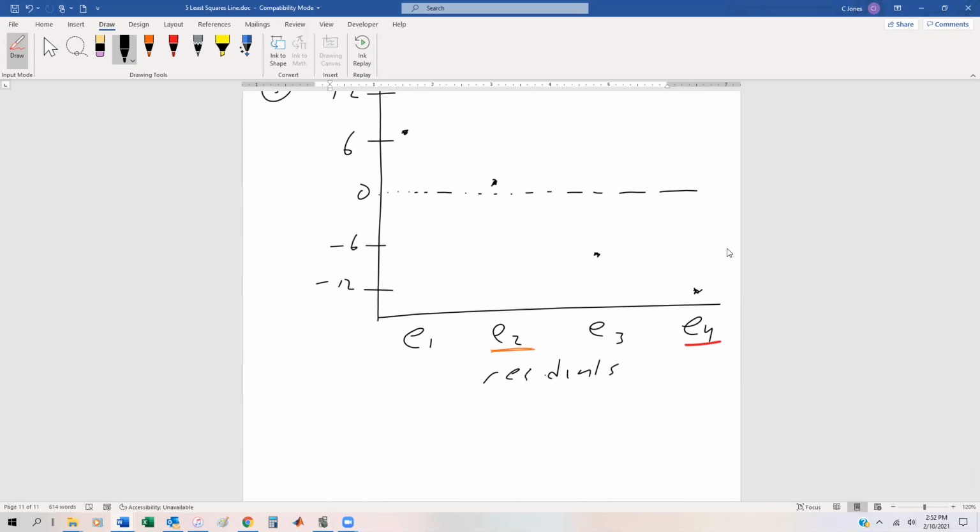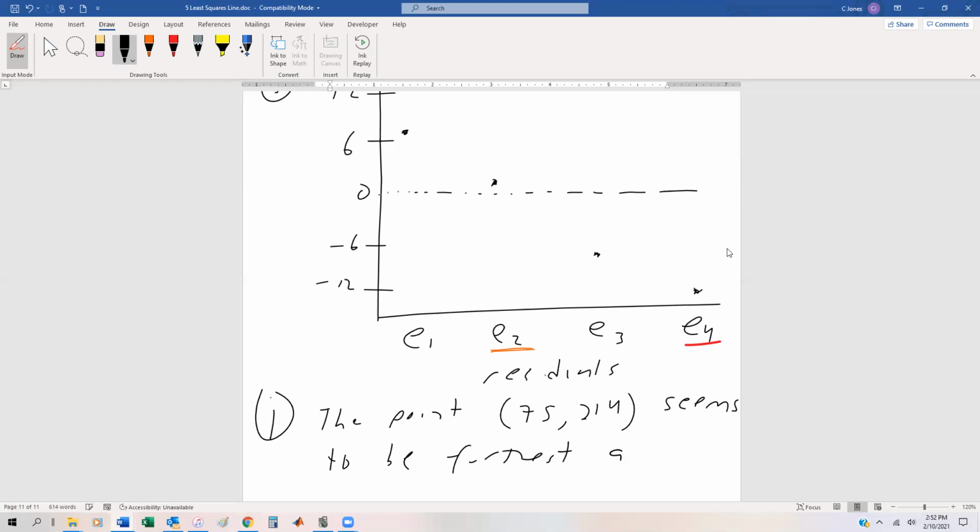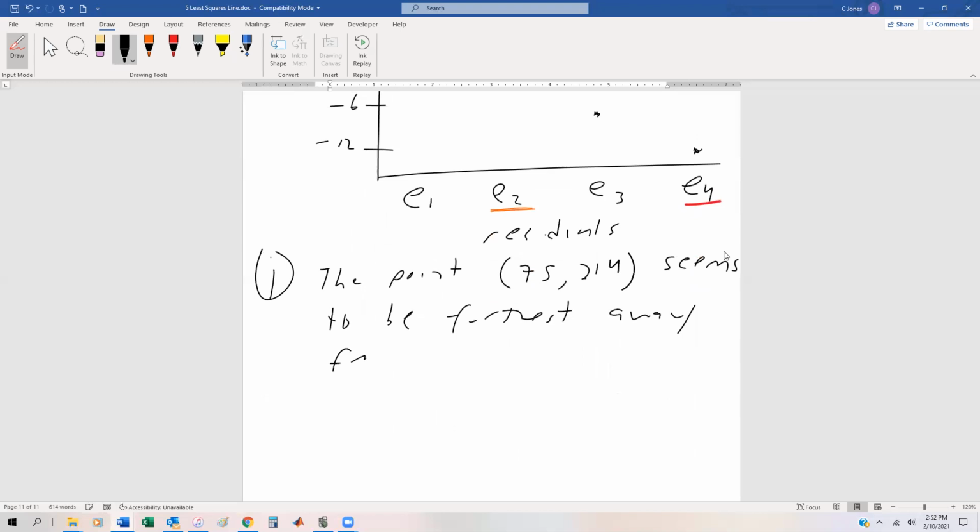So we could say something to the effect that the point, and remember it was the fourth point, which was 75, 214, seems to be furthest away from 0 and may be an outlier.